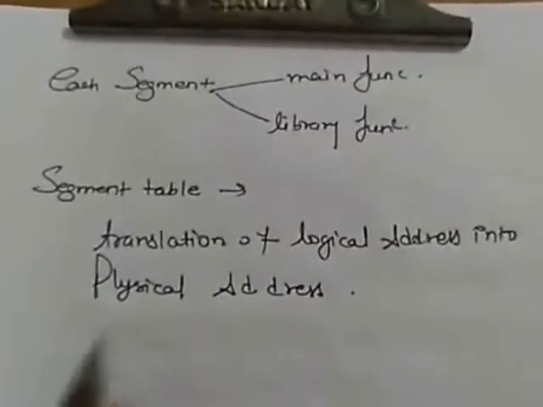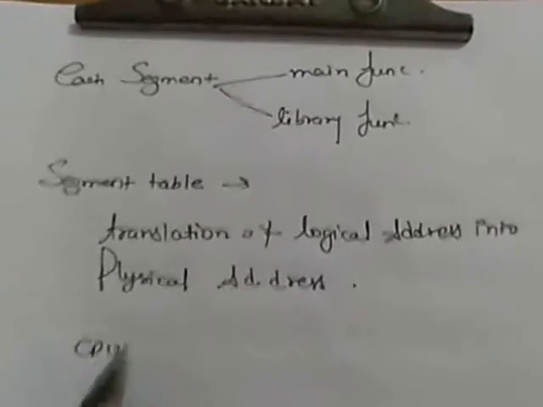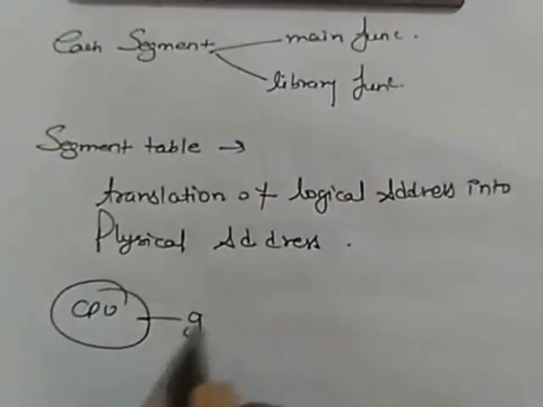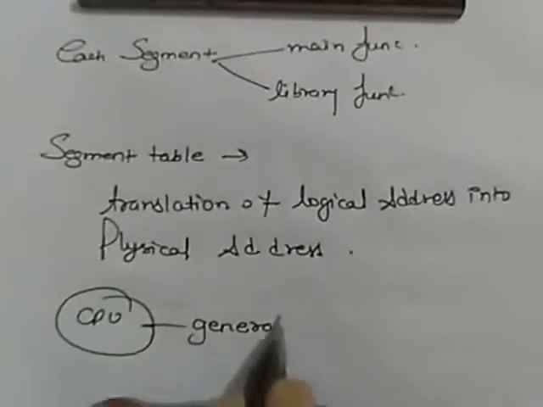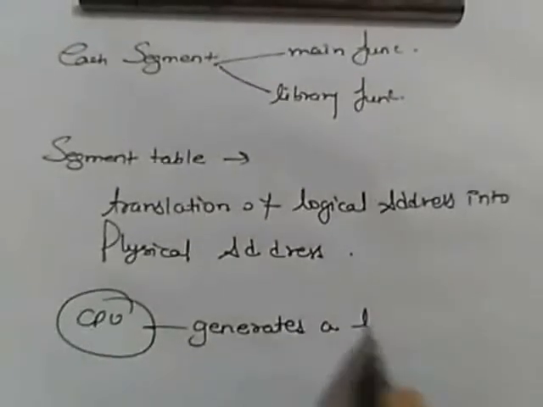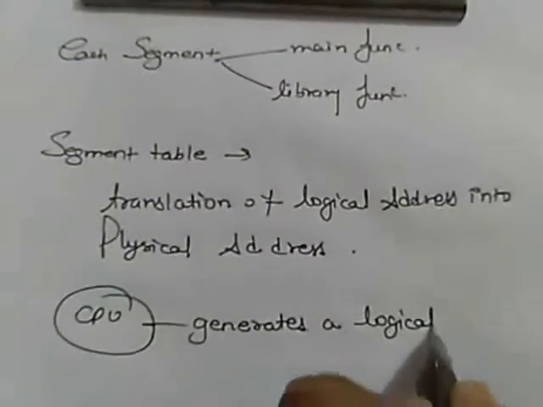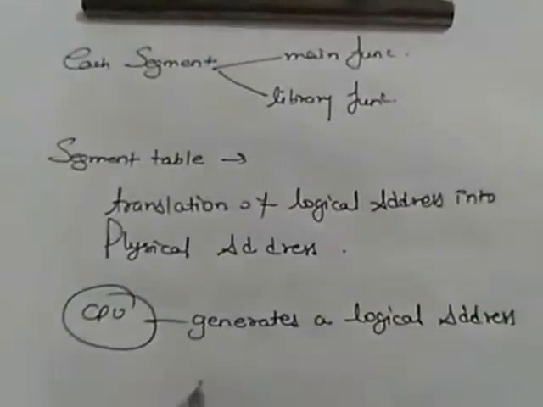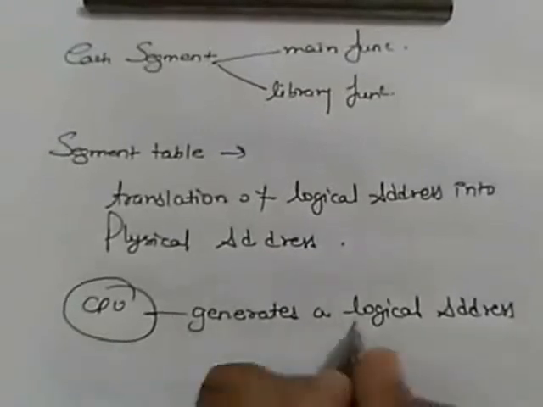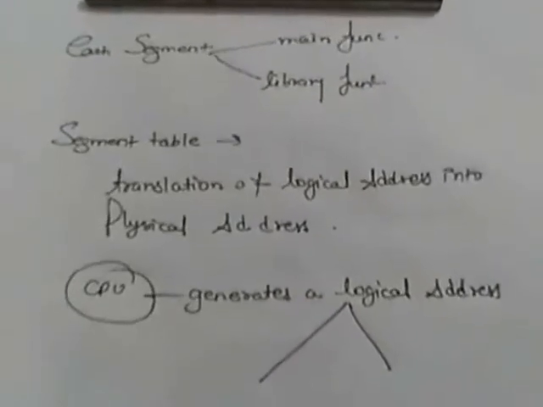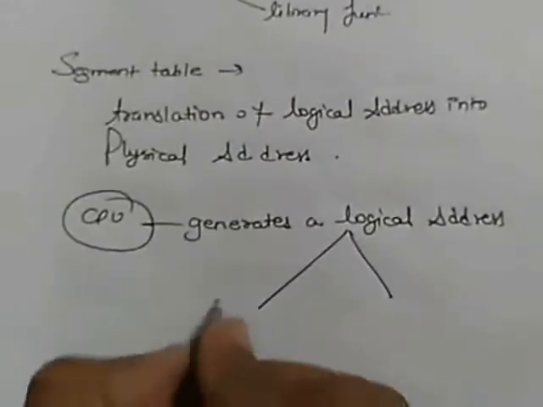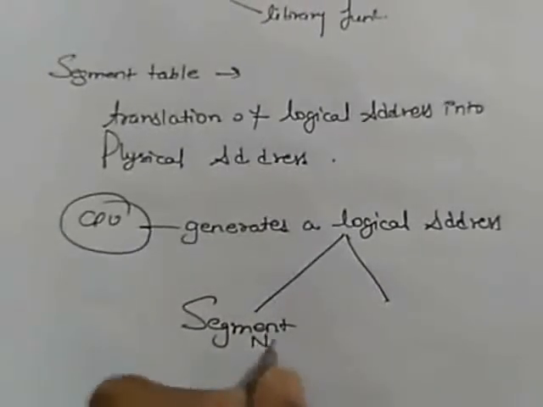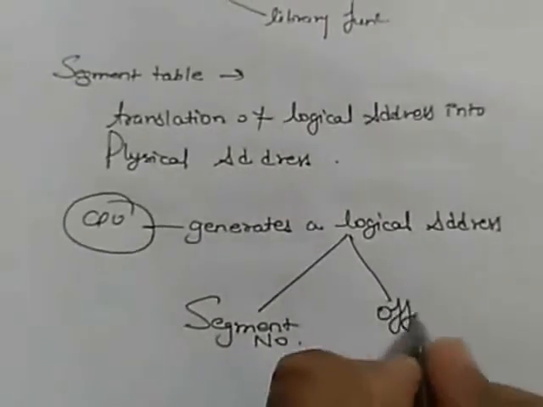Now in this, the CPU generates a logical address which consists of two parts. One is the segment number and the other one is the offset.